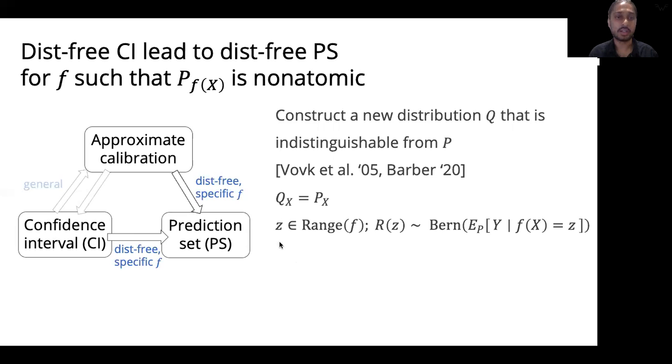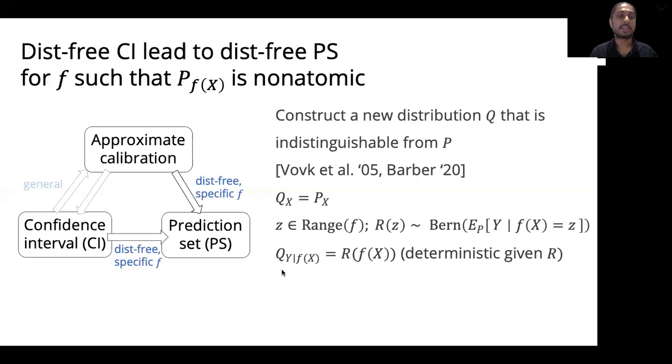First, consider any z in the range of f and define this random variable R(z) that is sampled as Bernoulli with the bias being the expected value of Y given f(X) equal to z. And this is the expected value of Y given f(X) under P. So I sample R, and once I have sampled R, I define the distribution of Y given f(X) as simply R(f(X)).